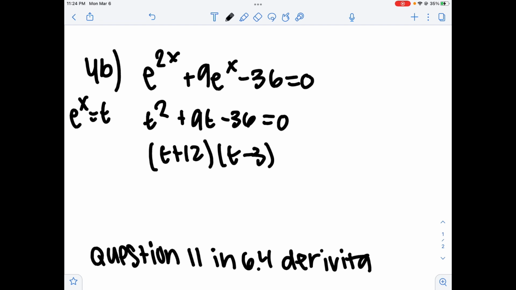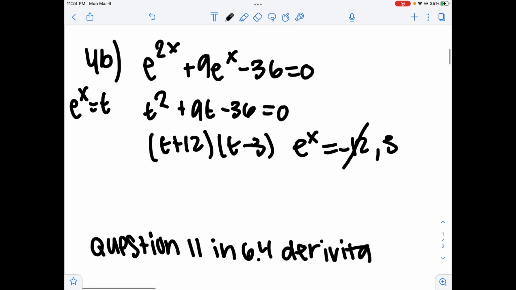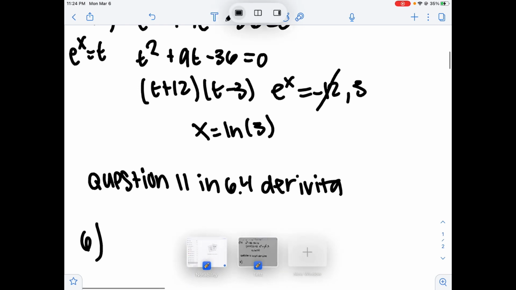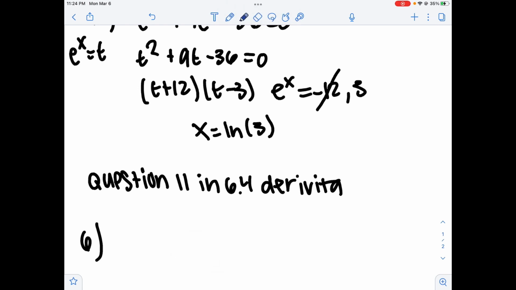So now we get e to the x is equal to -12 and 3. We can't have a negative, so -12 doesn't work. So our answer would be x is equal to ln 3. And a question that is similar to this one is question 11 in the 6.4 derivative.